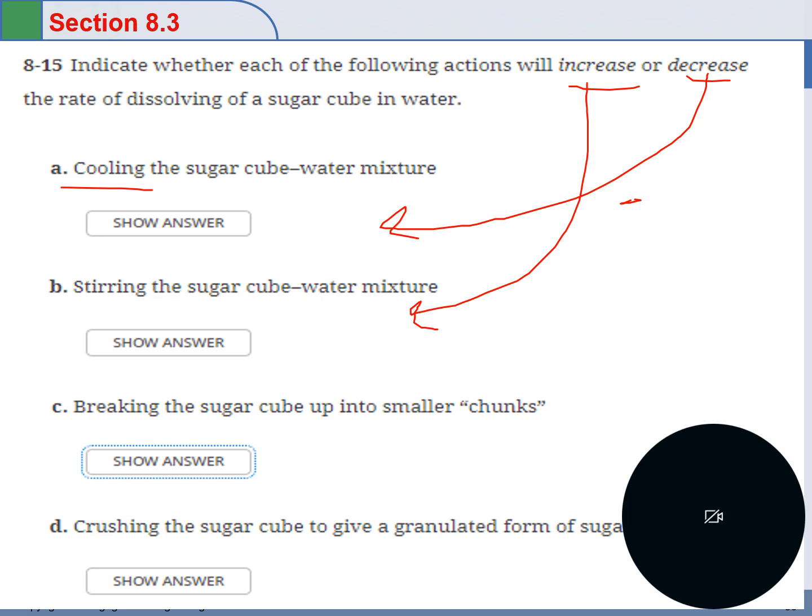Next up, breaking our sugar cube into smaller chunks, that will increase it, and crushing our sugar to give it a granulated form, that's kind of the same thing as C, so we're going to say it's going to increase.